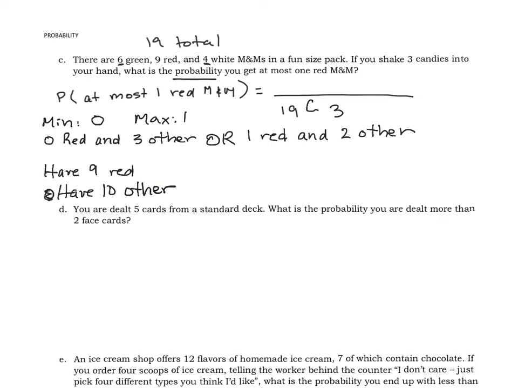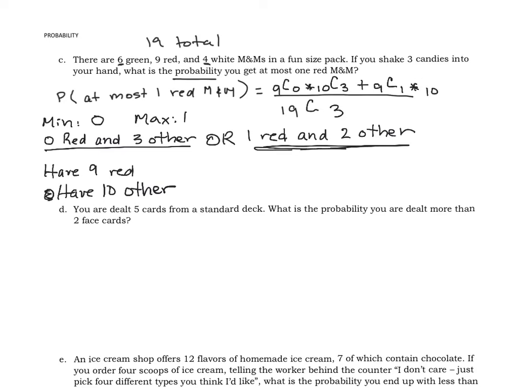Okay, let's take care of this first scenario. So we have 9, we need 0 red M&Ms, and we have 10, we need 3 other M&Ms, plus. We have 9 red, we need 1, so we're taking care of this right now. And so multiply.